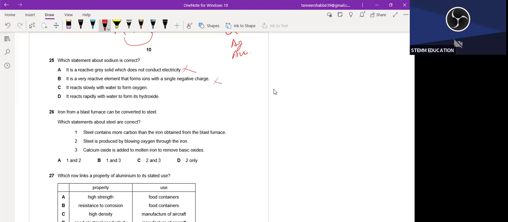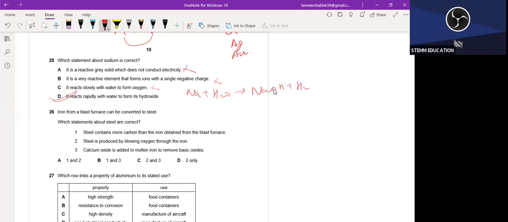It reacts slowly with water to form oxide. No, metal Na reacts with water to form NaOH and hydrogen gas. Now, it reacts rapidly with water to form hydroxide. Yeah, D is the correct answer.